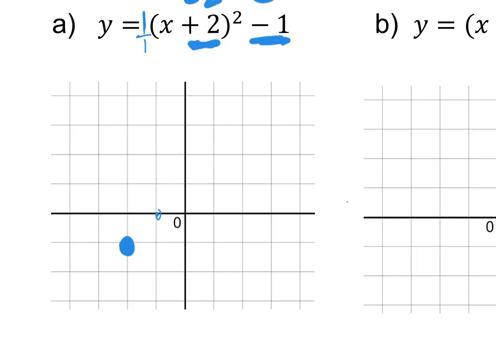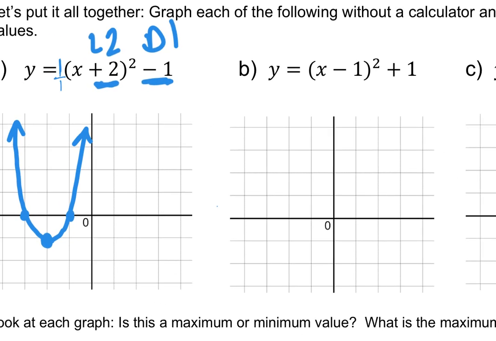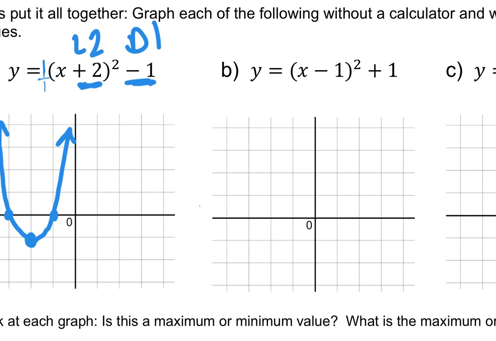So let's put our points here. Up 1, to the right 1, to the left 1. And then we can connect our points. Okay, letter B. Let's do this one together. Plus 1 means what?